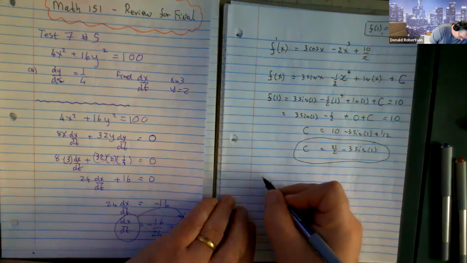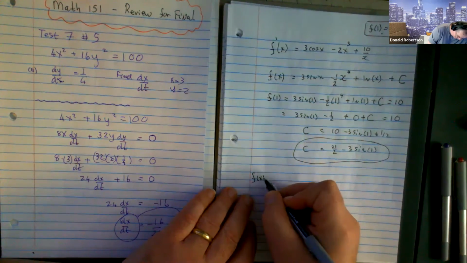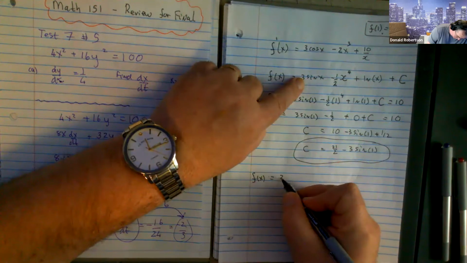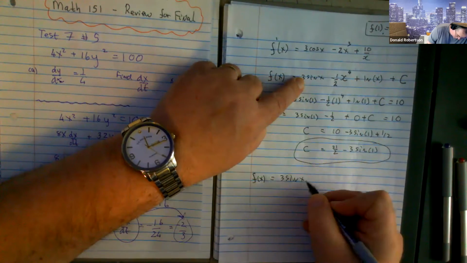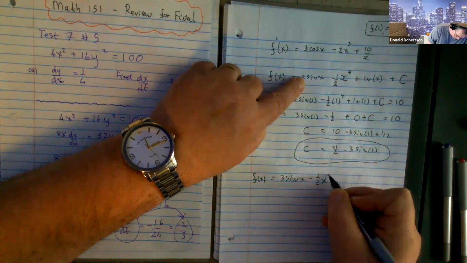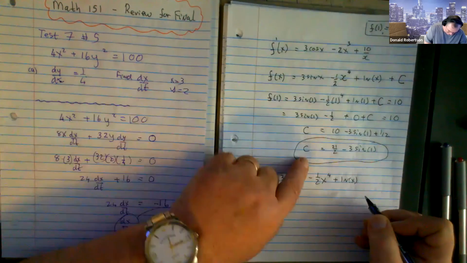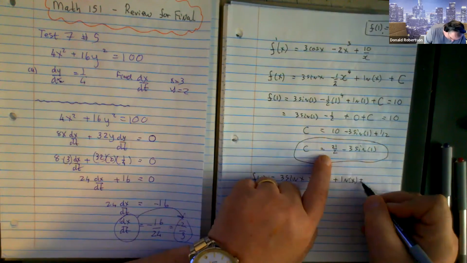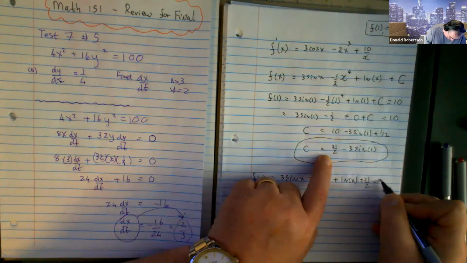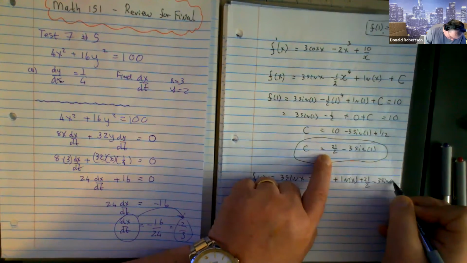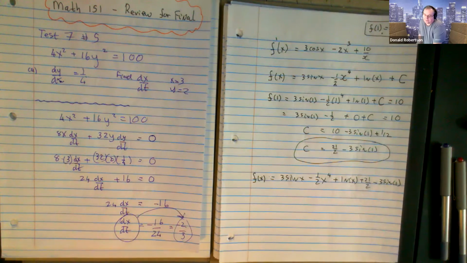So your final answer is f of x is 3 sine x, take away 1/2 x to the 4 plus ln x plus c, and c becomes all of this. Are you good with that?